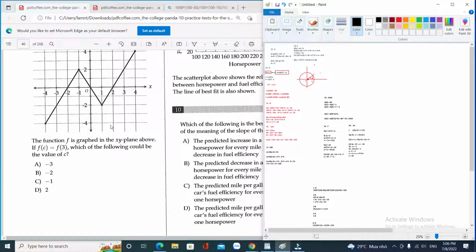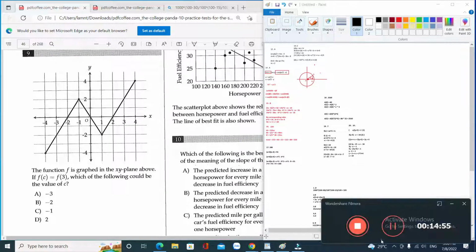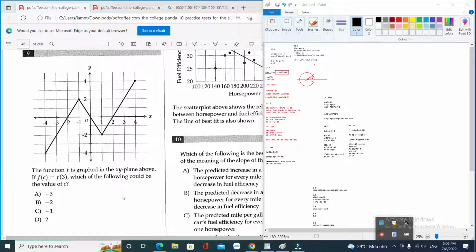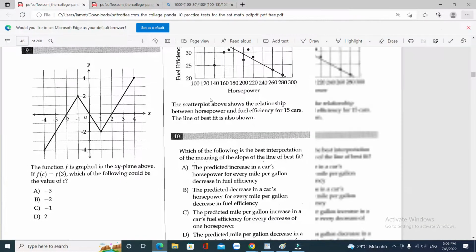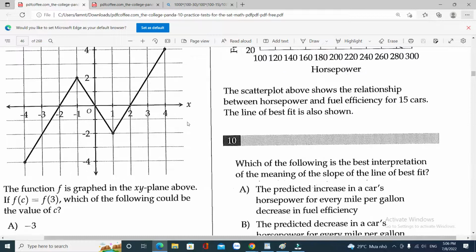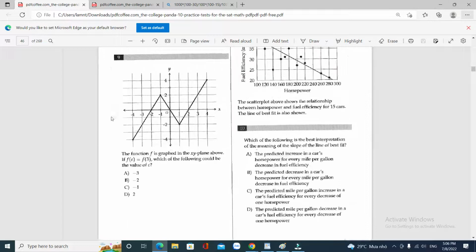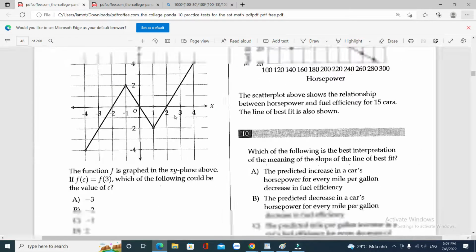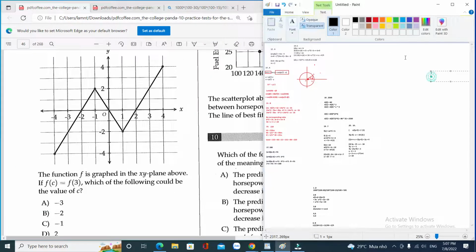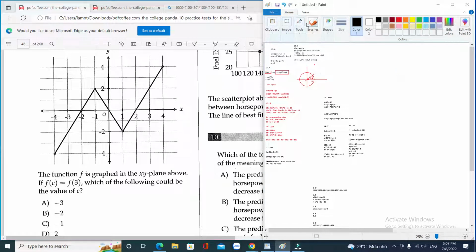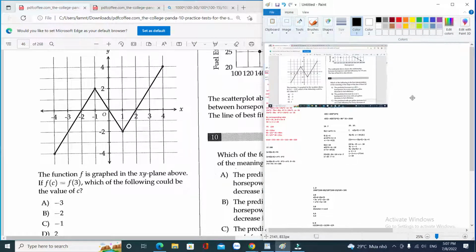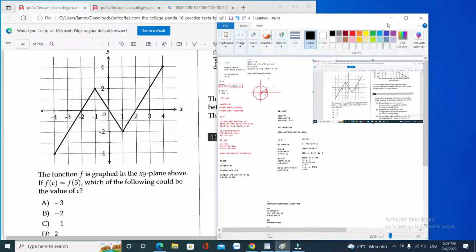Okay, so how can I get this done? Okay, that's perfect.